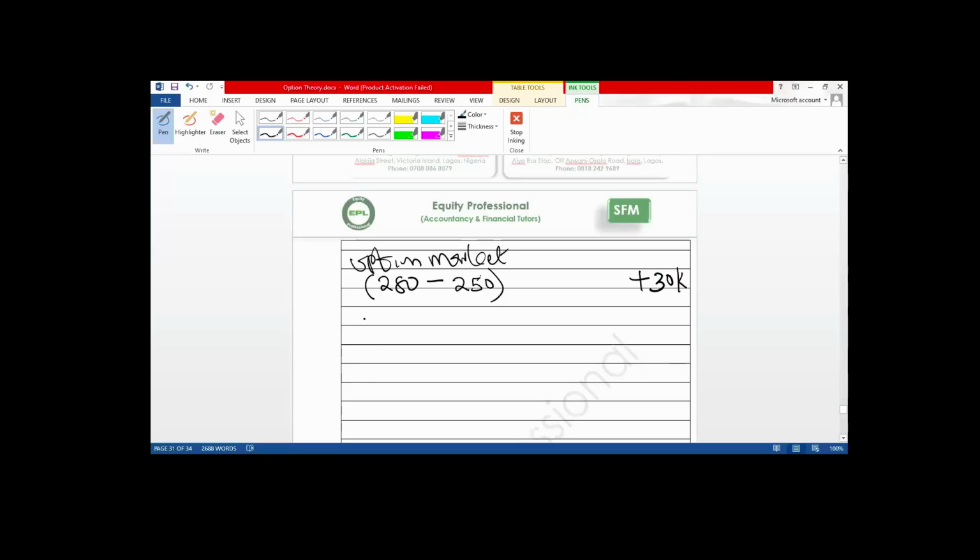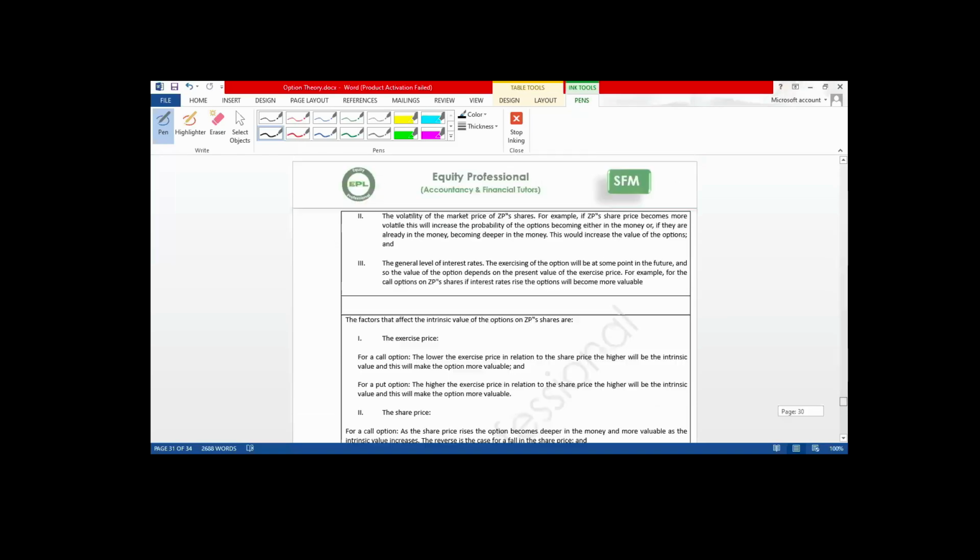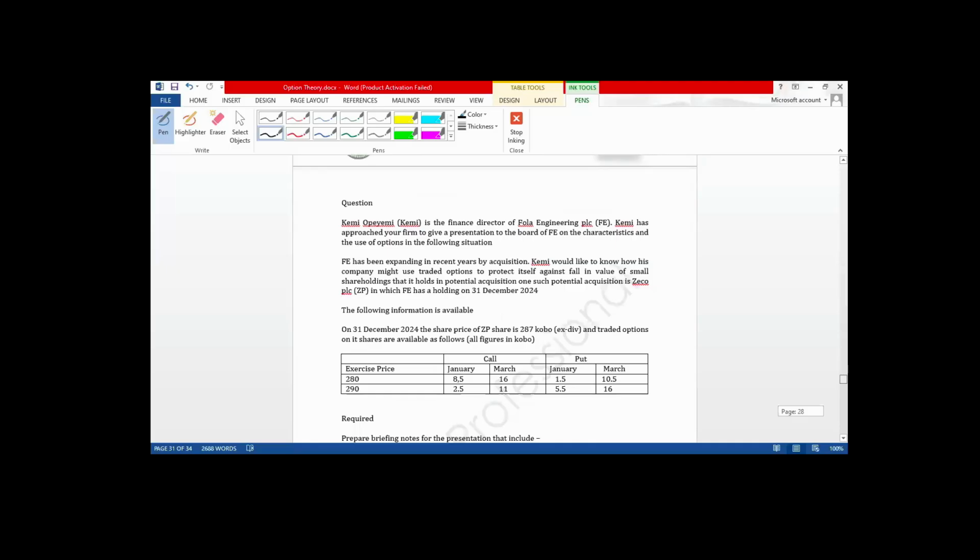Then the premium, put premium. Go back to the question. Premium. Exercise price 280, March, because this transaction will end in March. March premium is 10.5.